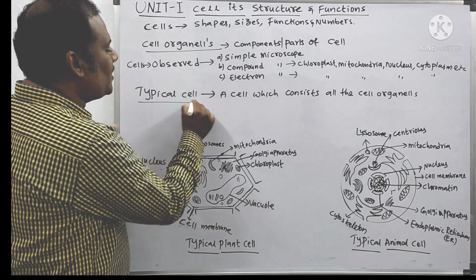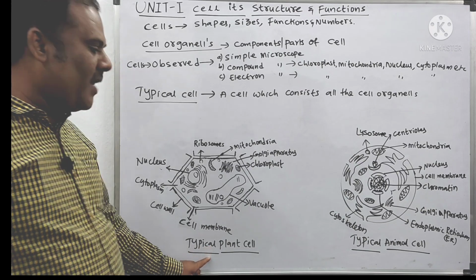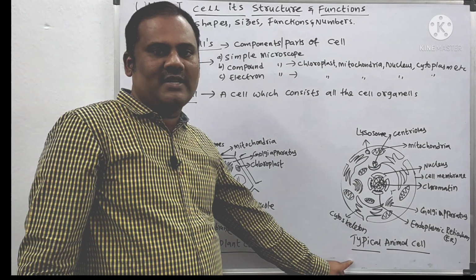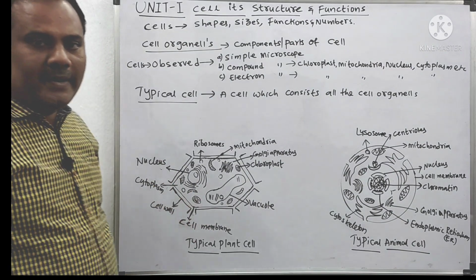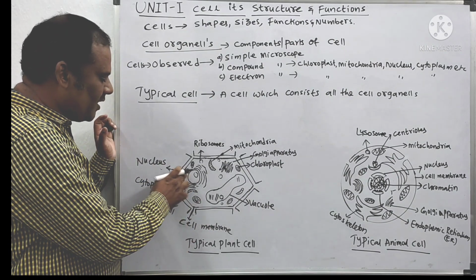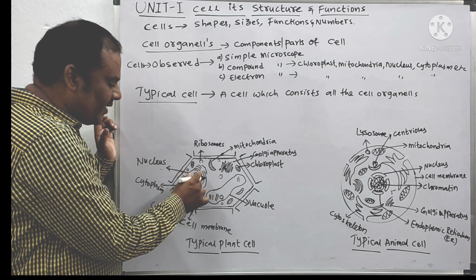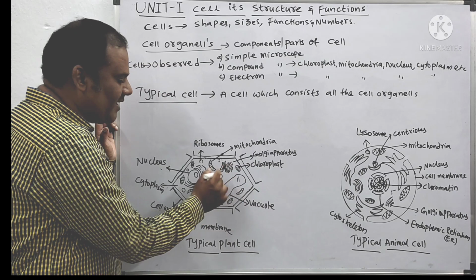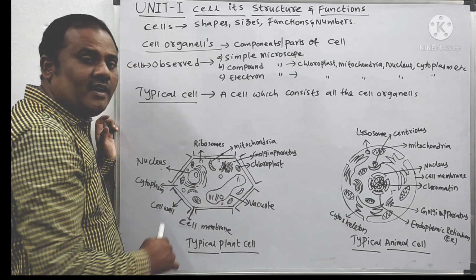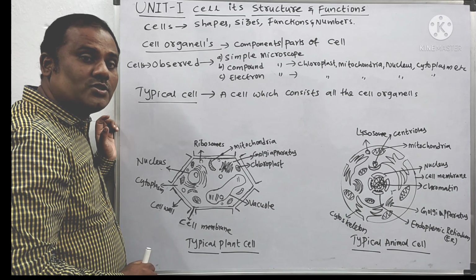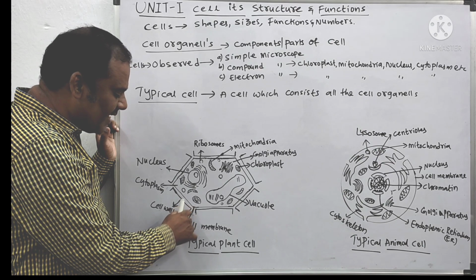So a cell which contains all the cell organelles is called a typical cell. Now we are going to study two typical cells: a typical plant cell and a typical animal cell. In a typical plant cell, this is the nucleus, and this is the nucleolus. The white liquid structure is called the cytoplasm, this one is the cell wall, and this is the cell membrane.